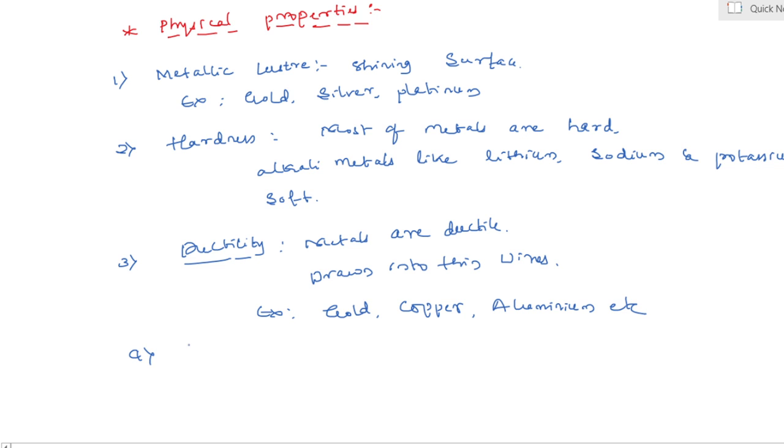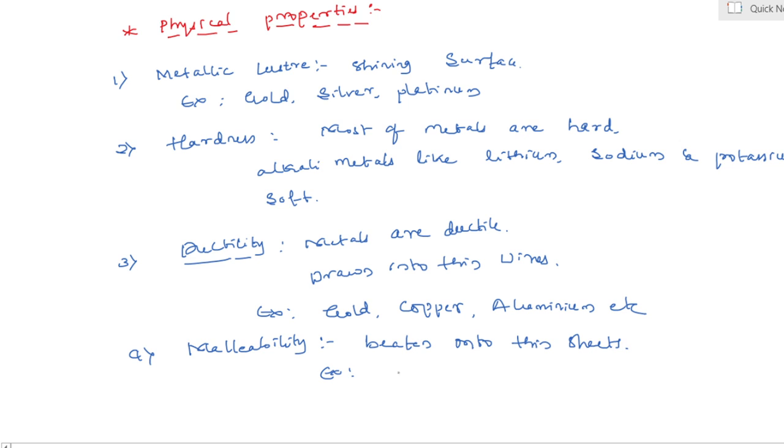Yes, next one is malleability. Here, most of the metals are said to be malleable. Malleable means it can be beaten into thin sheets.